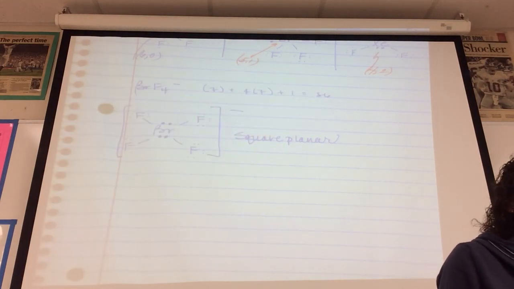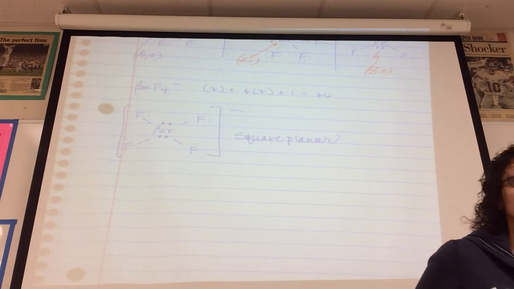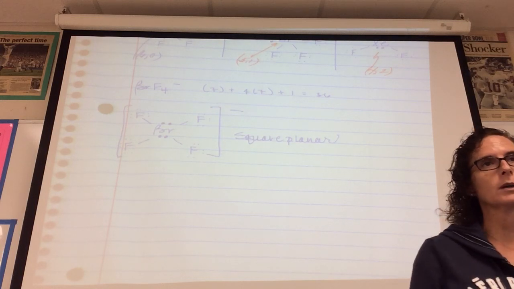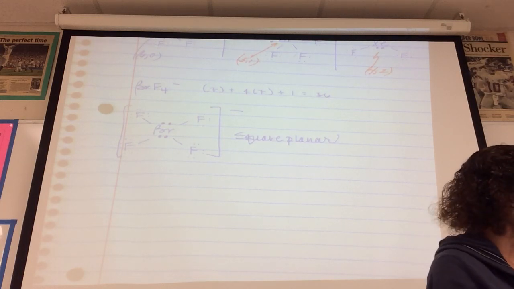Is there practice on drawing ions on the practice tests and stuff? Because I always forget. Yeah, there's tons of practice in your textbook and at the end of the chapter.